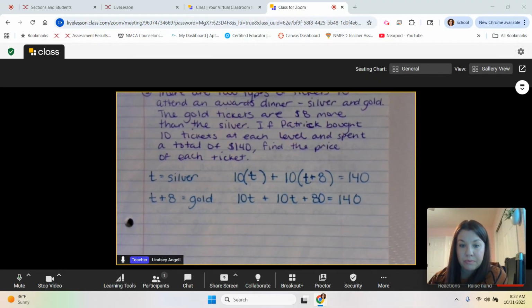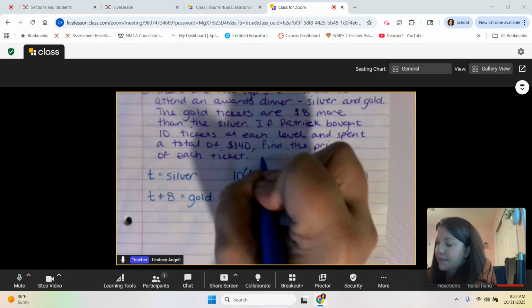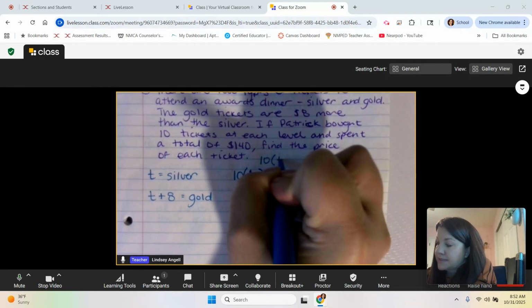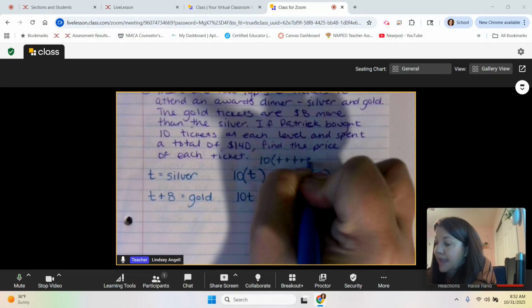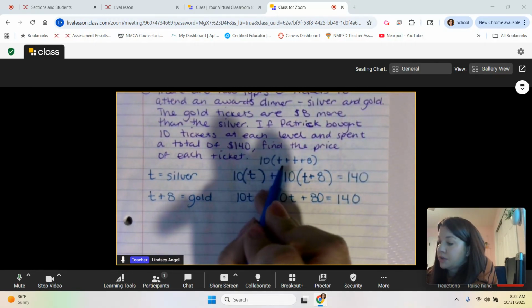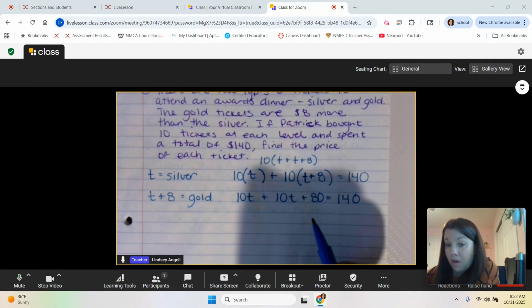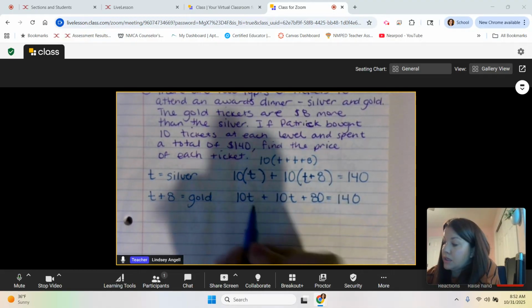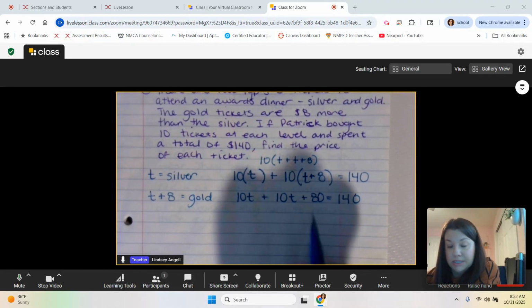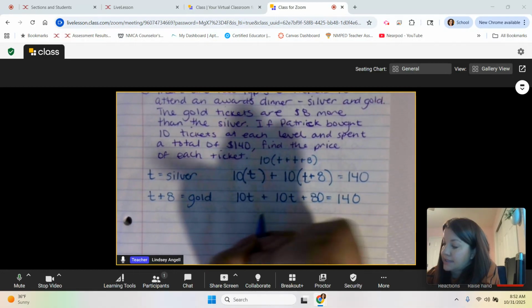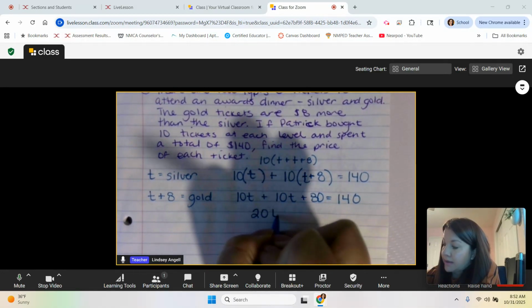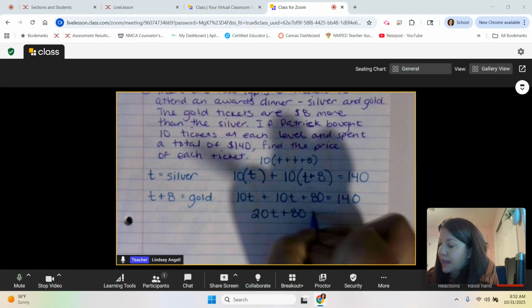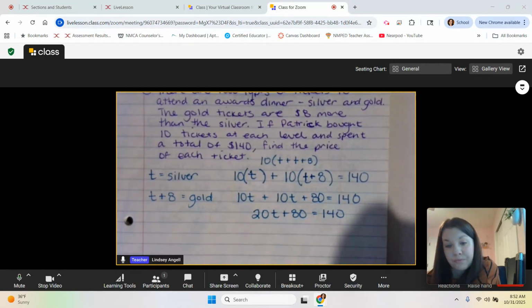Hopefully you're following me so far. I also could have written this step as 10 times T plus 8. So this would have been 2T, and that would have been okay also. Now I can combine my like terms. I've got 10T plus 10T, that's 20T, plus 80 equals 140.